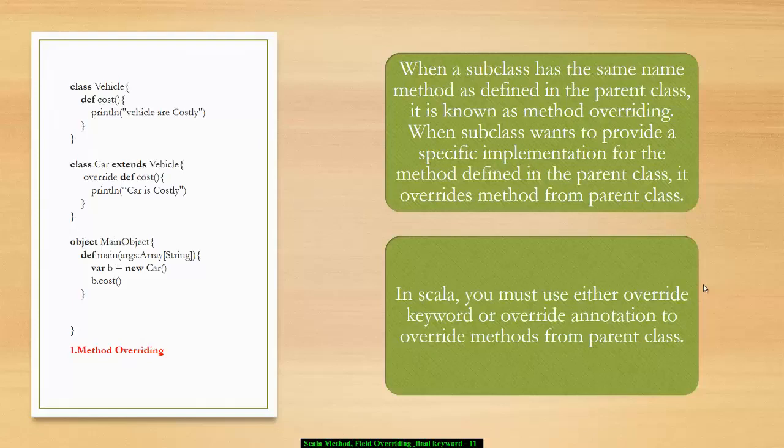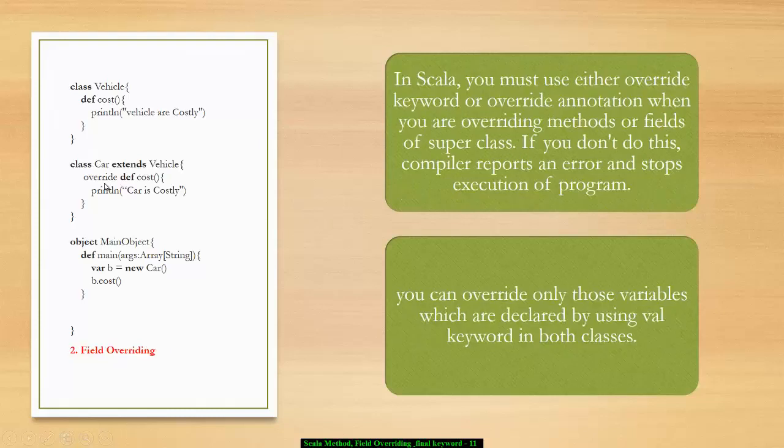If the class contains the same method name in both parent and subclass, and you need the output of the subclass, you need to define the override keyword before the method. This is how overriding can be achieved by using the override keyword.